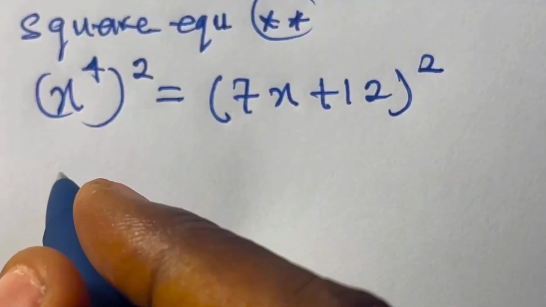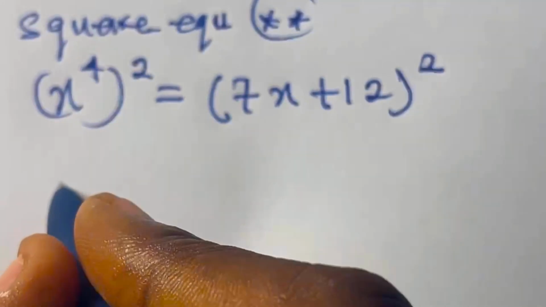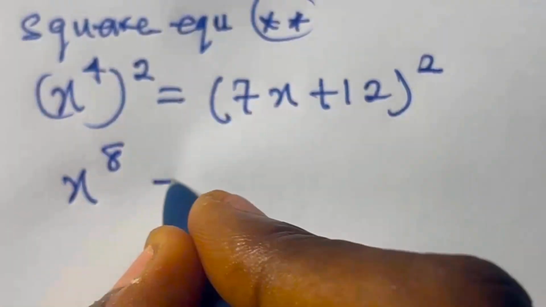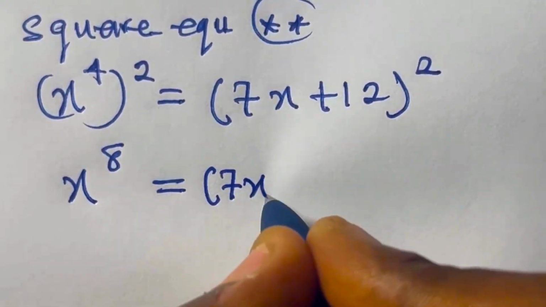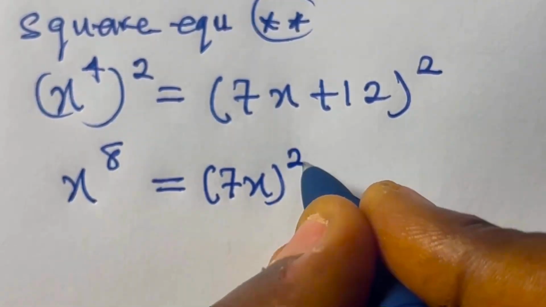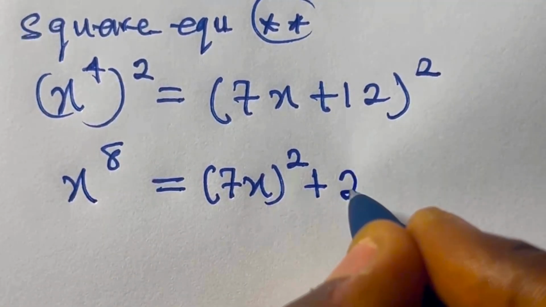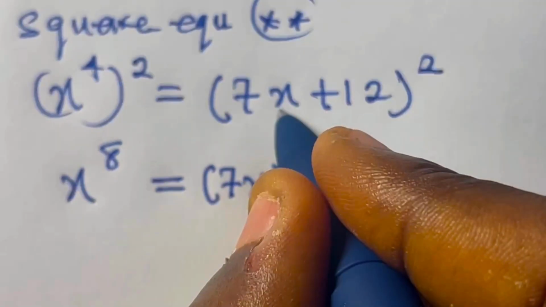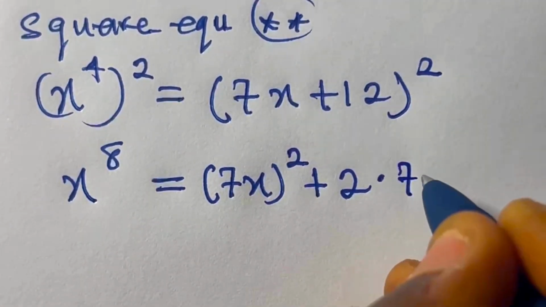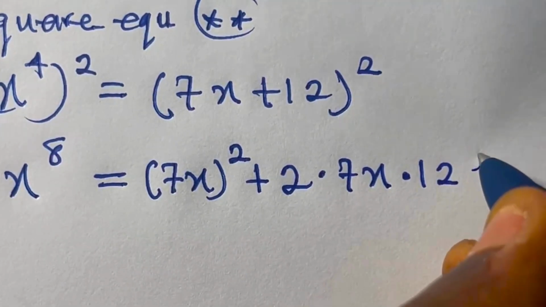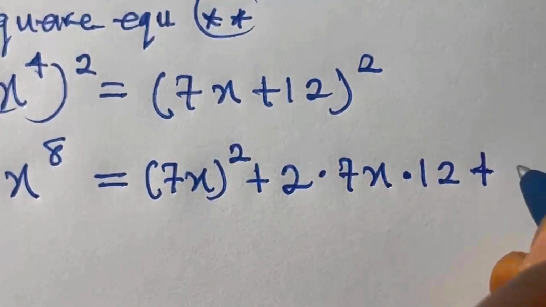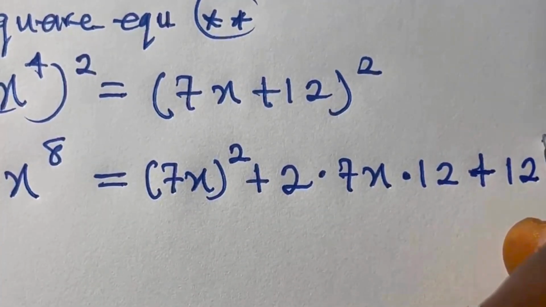So now we are going to have this x raised to power 8, right? So let's square this. We have 7x squared, plus 2 times 7x times 12, plus 12 squared.